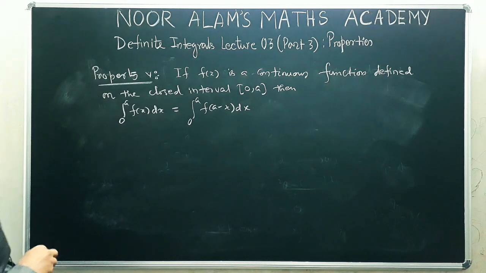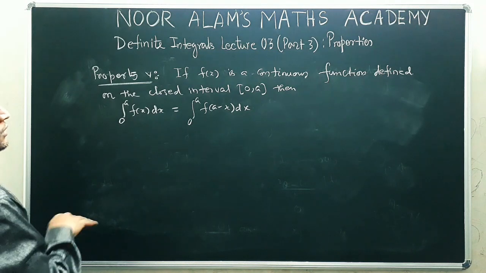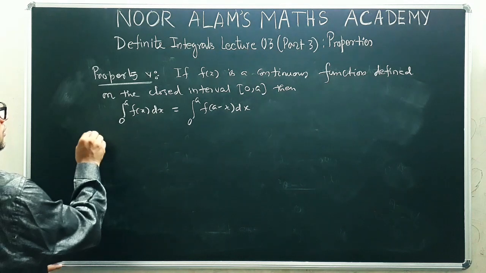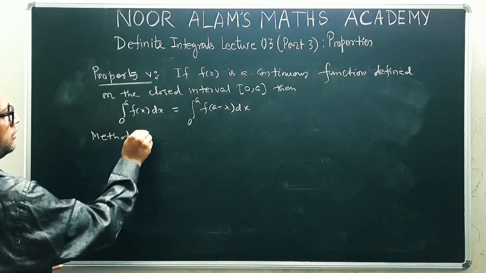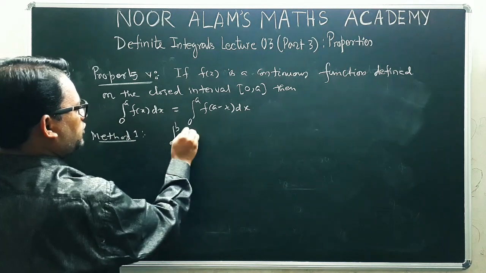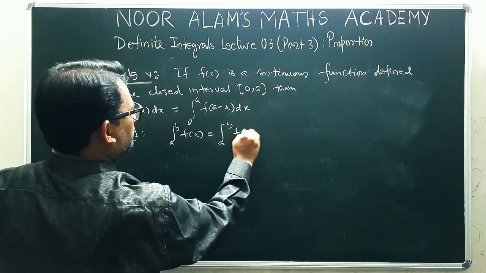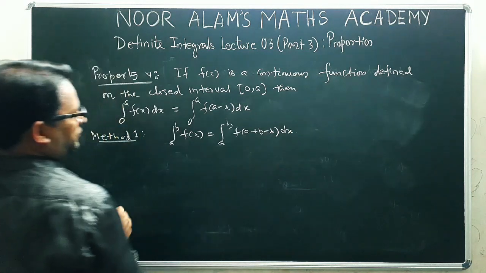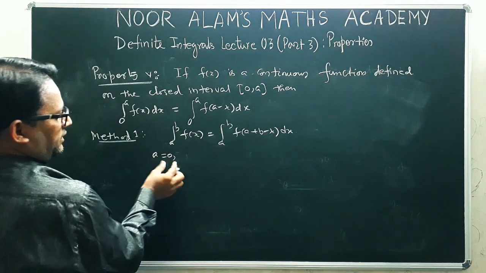You can prove this result from property 4 also, and if you want you can also prove it separately. So I can prove it in two methods. Method 1: we use property 4. We know that the integral from a to b of f(x) dx is equal to the integral from a to b of f(a plus b minus x) dx. Here we take the lower limit a equal to 0.